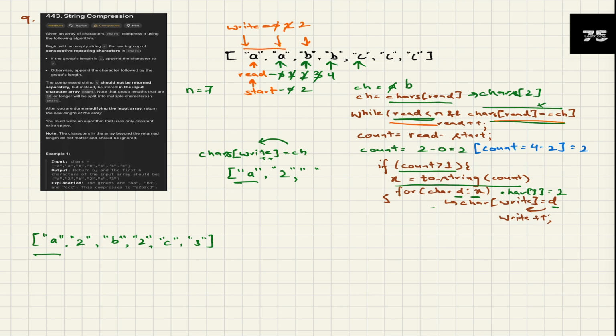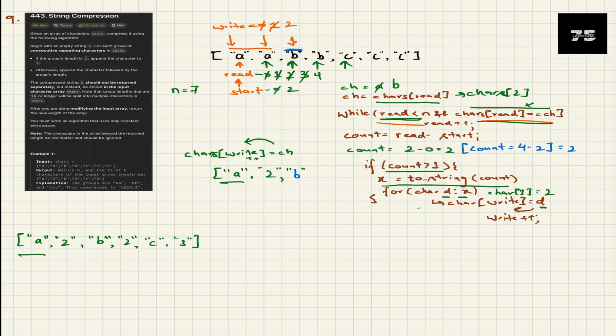My right is pointing at this b, so I'll do char at right, and I'll write b. Then I do right plus plus, so my right comes here.